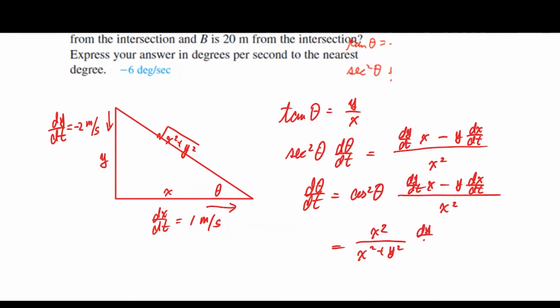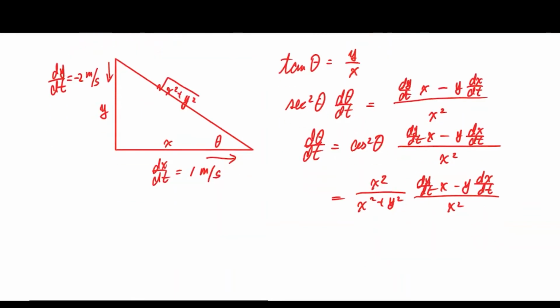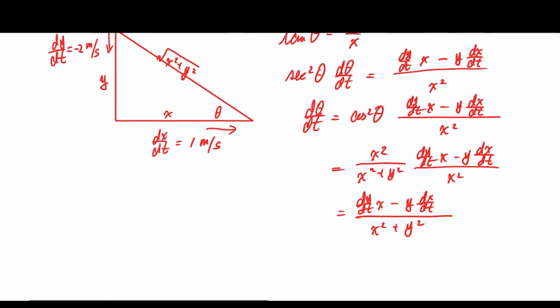Oh my God, I'm getting tired of writing this. And they cancel. So we have dy over dt. Maybe I should start using prime notation. I mean, I generally try to avoid it, but in this case, it's just too much writing. Good. Let's substitute everything in.